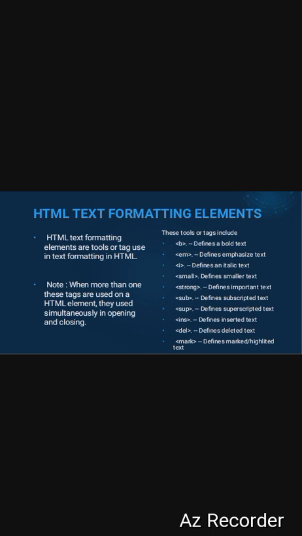As you can see over here, we have tags, or we can also call them tools, as I love to call them. We have the B tag, the EM tag which is to emphasize text, the italic tag, and a lot of tags used for formatting HTML elements, such as the P tag, the H tag, and any other tag of our choice.